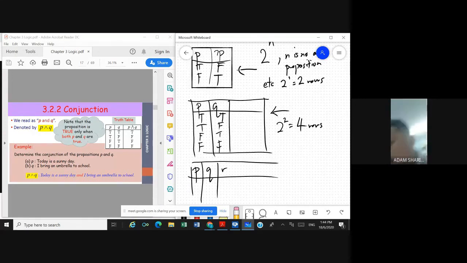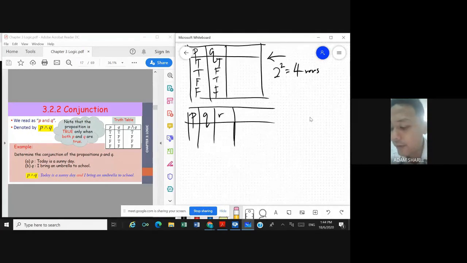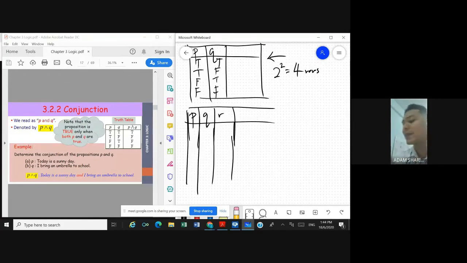The initial rows, we don't start doing anything yet in terms of the construction of the truth table. How many combinations of P, Q, and R? Some of you might already answer it. We have 8 rows. And this is how I want to teach you to do this easily.